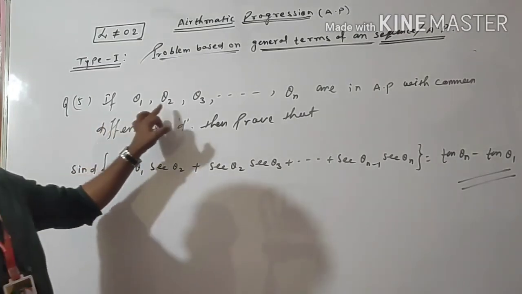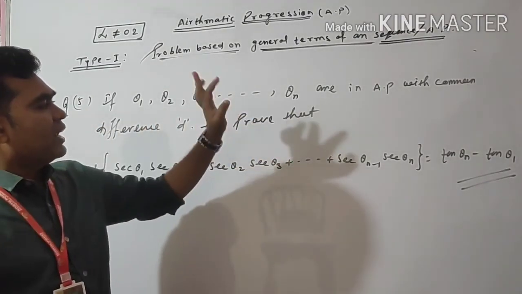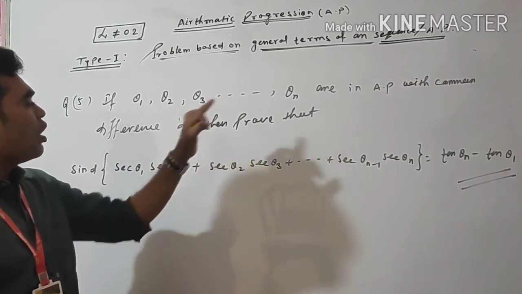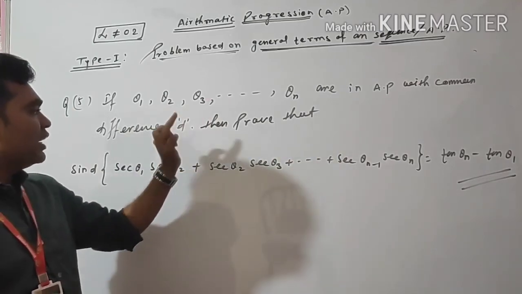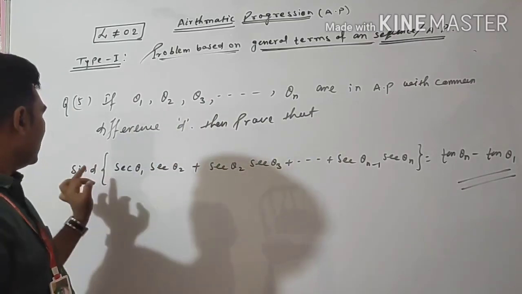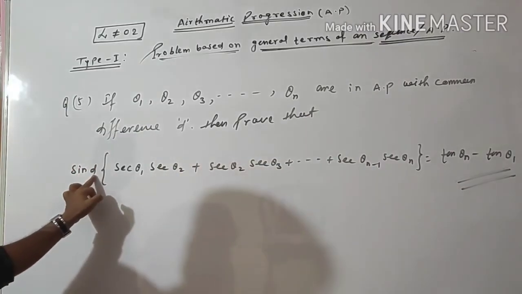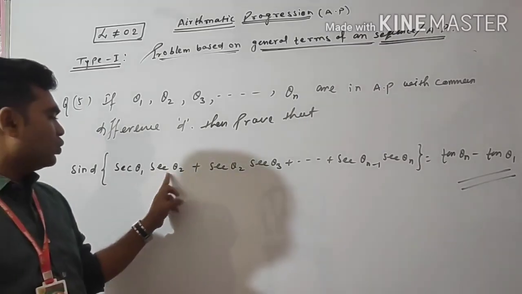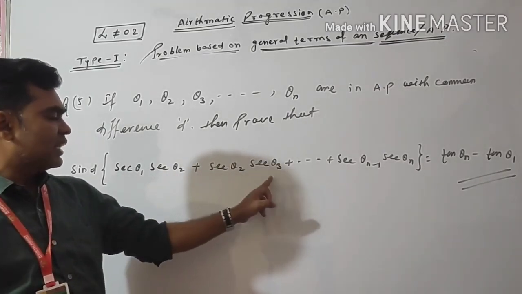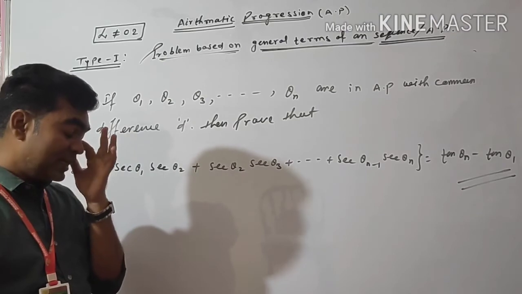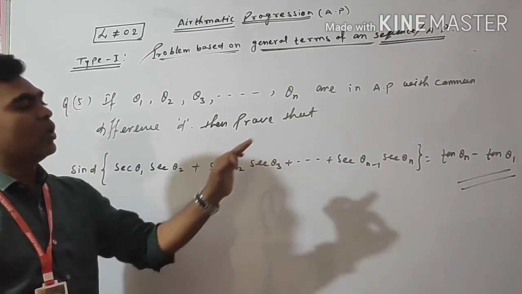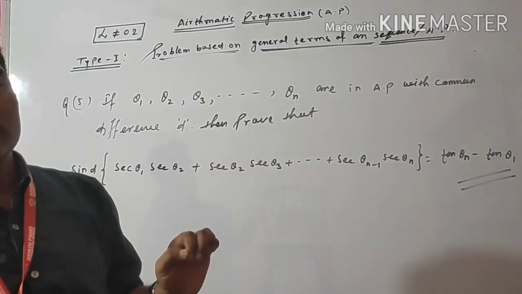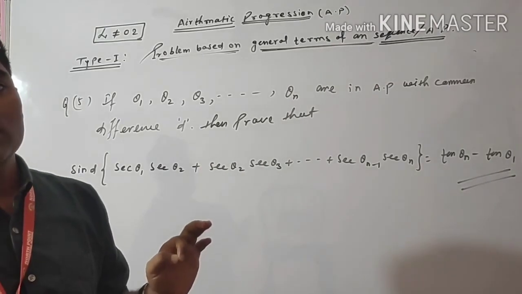Got it? If theta 1, theta 2, theta 3 up to theta n are in AP with common difference small d, then we have to prove sin d, here d is the common difference, into sec theta 1 sec theta 2 plus sec theta 2 sec theta 3 up to sec theta n minus 1 sec theta n equals tan theta n minus tan theta 1.